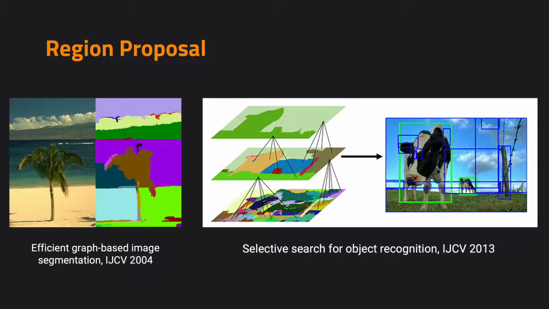The way we propose the regions also starts with traditional methods. For example, we can segment the image into superpixels and then hierarchically aggregate those superpixels together in order to form the initial regions of possible objects.